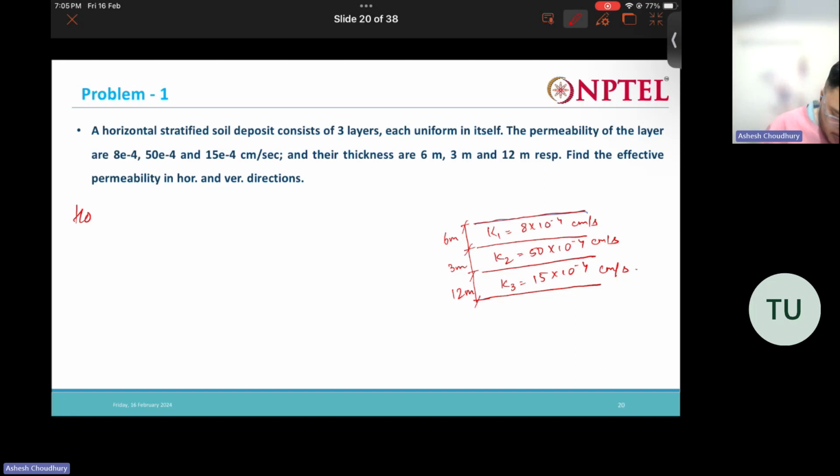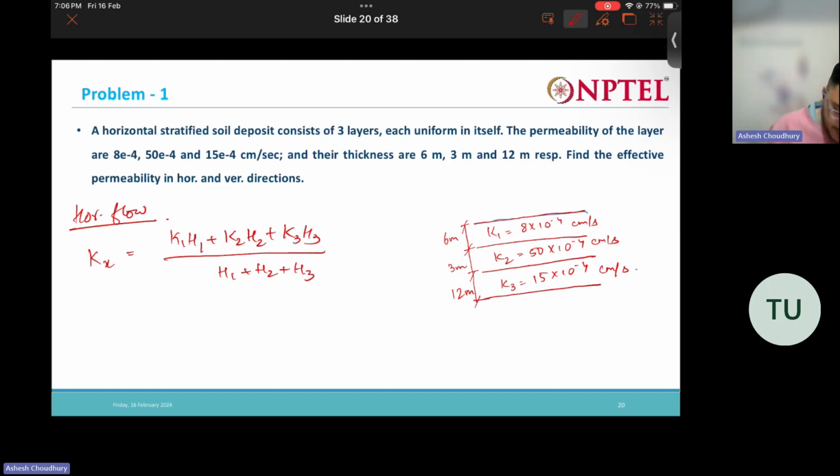So for horizontal flow, kx is equal to the sum of k times h, divided by h1 plus h2 plus h3. Okay. So what is k1?